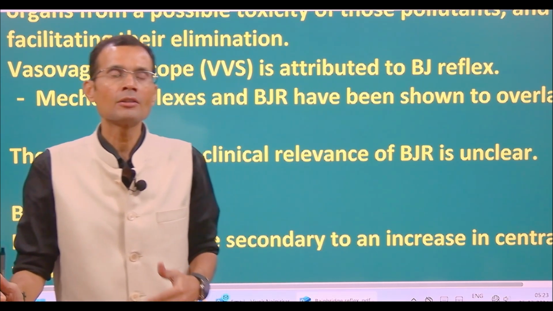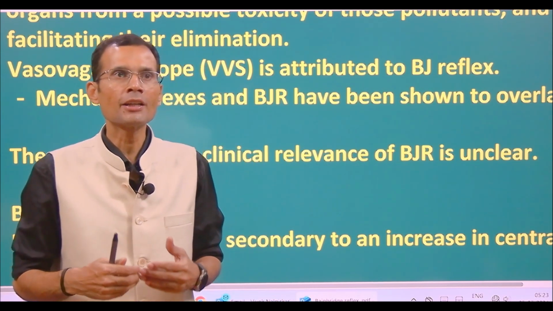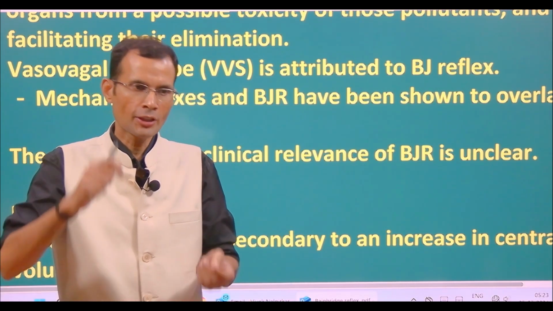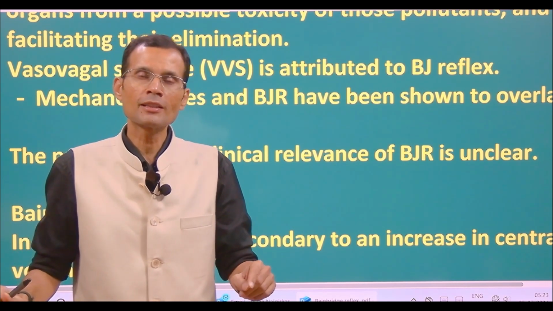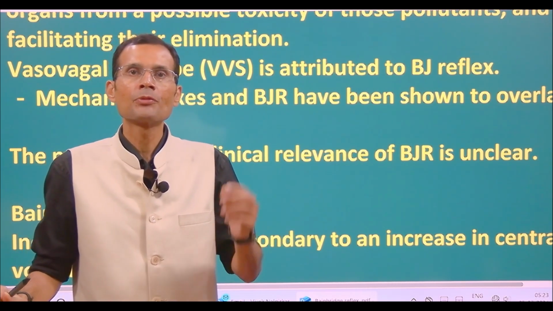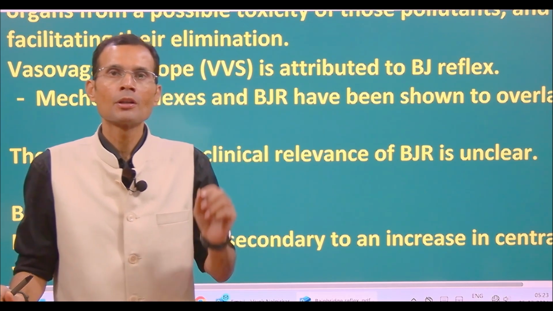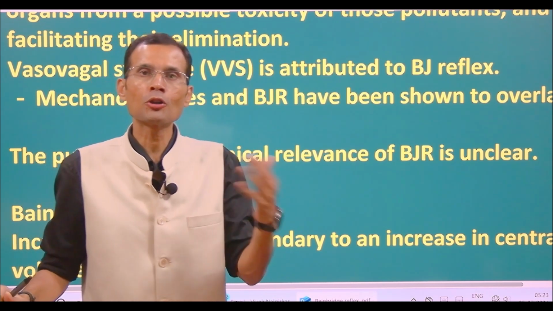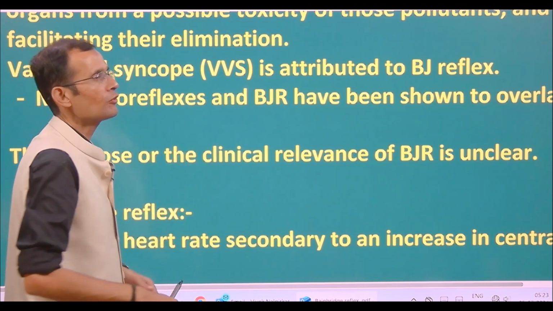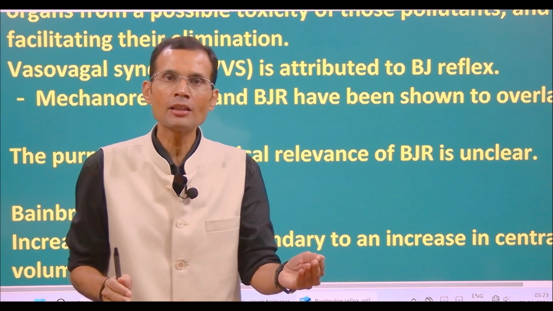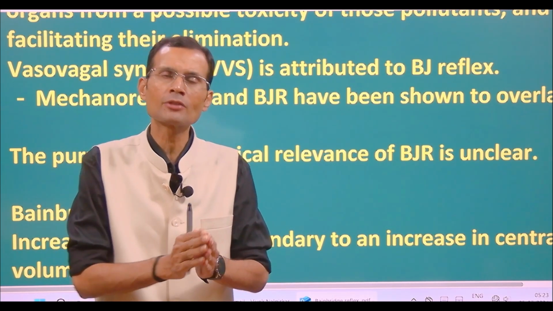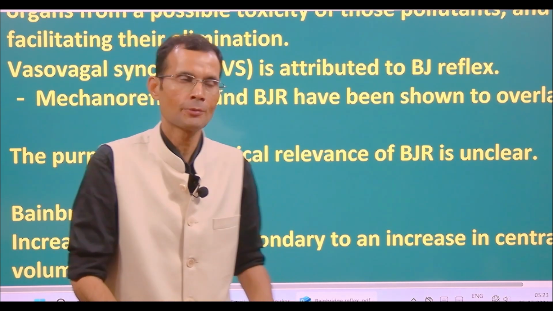Those attacks are triggered after, let's say, emotional trauma or a sudden painful stimulus to a body part. Now, those reflexes are initiated by mechanical stimuli, but they are thought to also be a part of the Bezold-Jarisch reflex. So these two reflexes, the mechanical reflex and the Bezold-Jarisch reflex, are often shown to overlap.